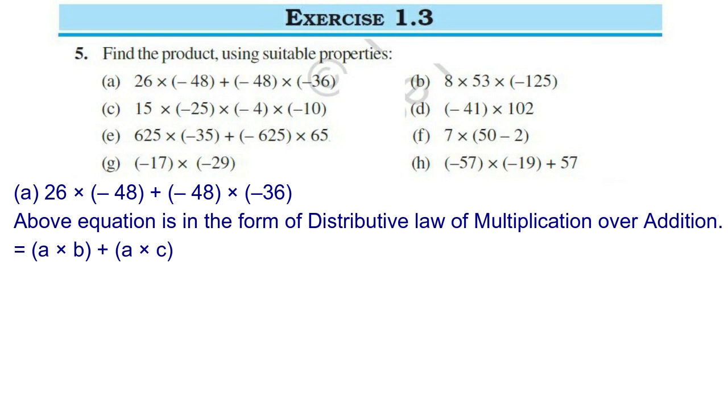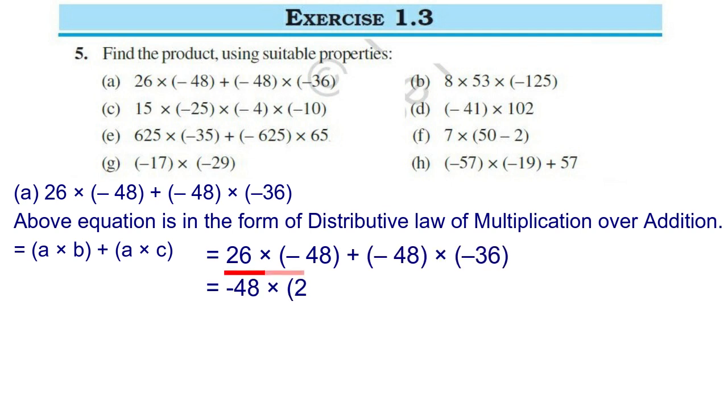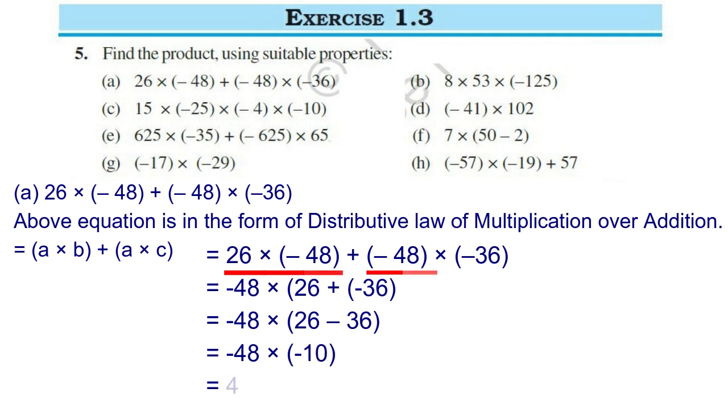If we divide the whole equation into two parts, means 26 into minus 48 is one part and minus 48 into minus 36 is another part. So here we observe minus 48 is a common negative integer in both parts. So first we take common minus 48 from both parts.